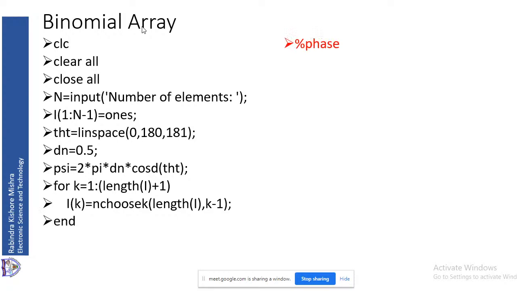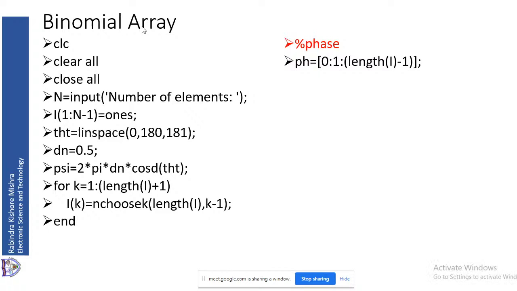Now find out what each Lk is: n choose k. This n choose k is actually the binomial coefficient. That is how you are finding the binomial coefficient, each one of which I will be using. So there you end the loop.